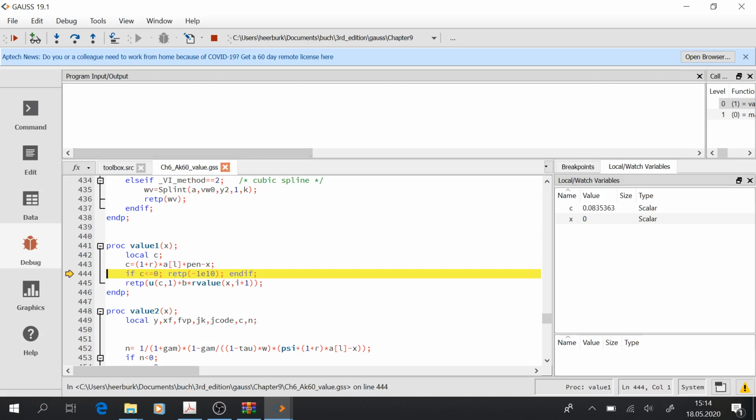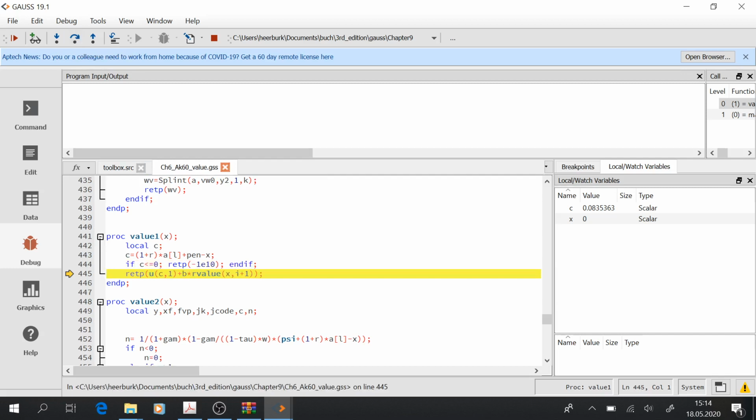Okay, first we check if c is smaller than 0, then we stop, because we cannot evaluate the utility for c equal or smaller than 0. This is not the case. C is equal to 0.0835 for our choice of this and next period's assets, both equal to 0. And we compute the right-hand side of the Bellman equation.